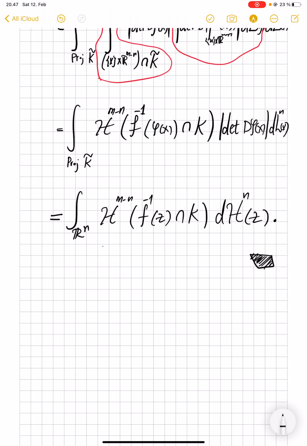Okay, so some computations, but of course such a difficult result, such a general statement, we cannot expect a much simpler proof.